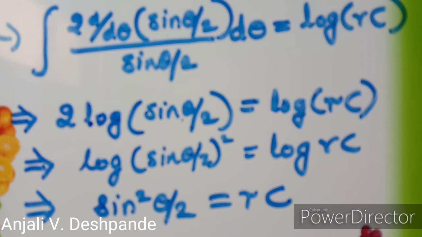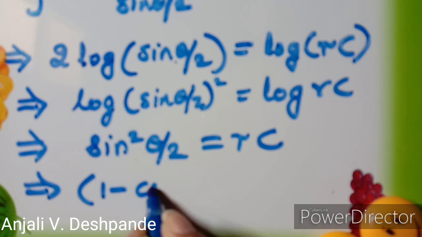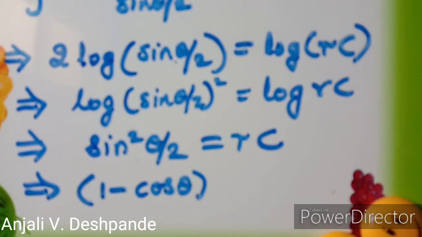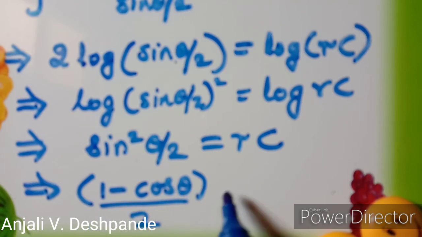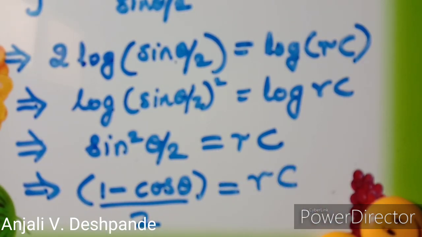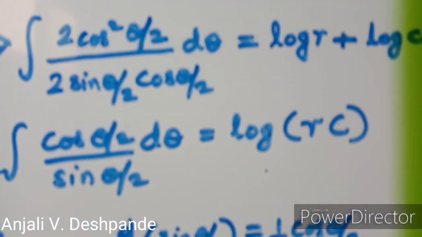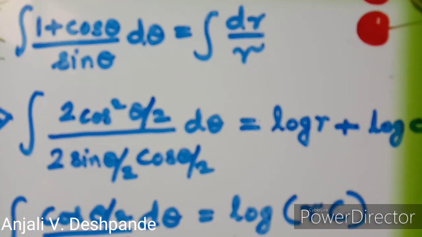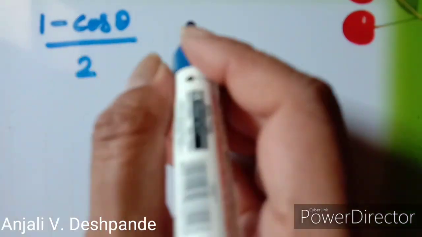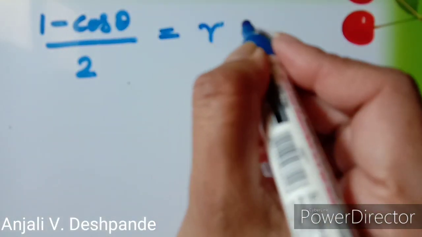We can further simplify this. I will write this as 1 minus cos theta divided by 2 is equal to rc. Now, like we have been doing earlier, we can simplify this entire expression. What we have got is 1 minus cos theta divided by 2 is equal to r into c.